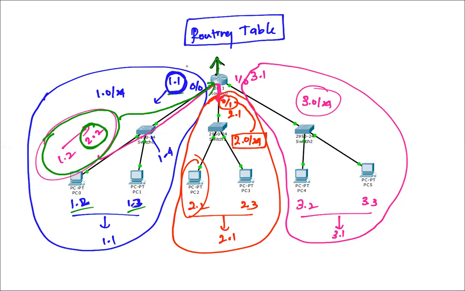Which means even these guys belong to the 1.0 network only. So based on the interface IP address, the router understands the network that is connected. When you give 1.1, it becomes 1.0.